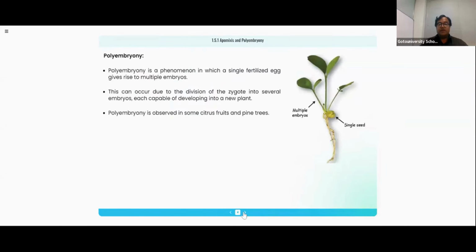Now, if you're talking about the polyembryonic stage, or multiple embryo formation, here a single fertilized egg gives rise to multiple embryos. This we discussed in the MCQ.